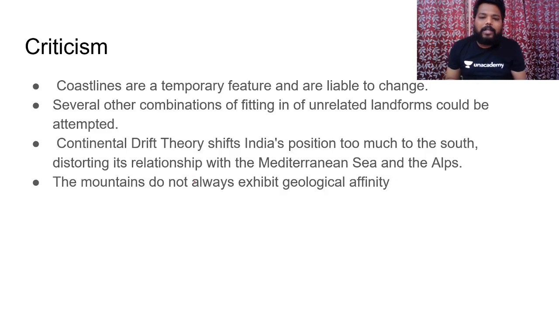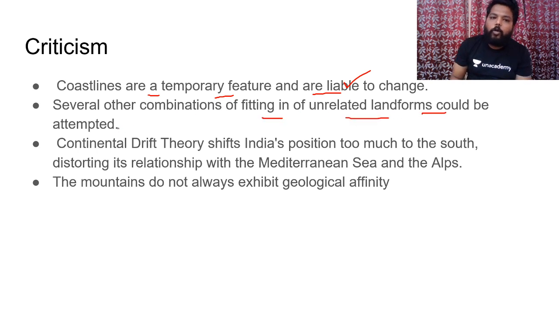Clear? So as I've said, what is the criticism? Coastlines are a temporary feature and are liable to change. If you can criticize that particular jigsaw fit, this is what generally happens. And several other combinations of fitting unrelated landforms could be attempted even. If you see, India can also be joined with North America, and Australia can also be joined with Europe.